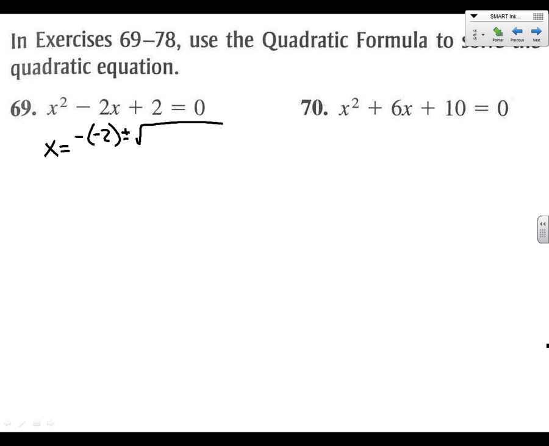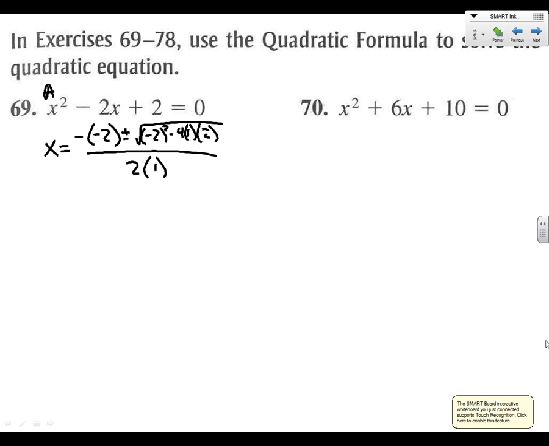I'm just going to plug them in. Okay, so we should have A is 1, B is negative 2, and C is positive 2.